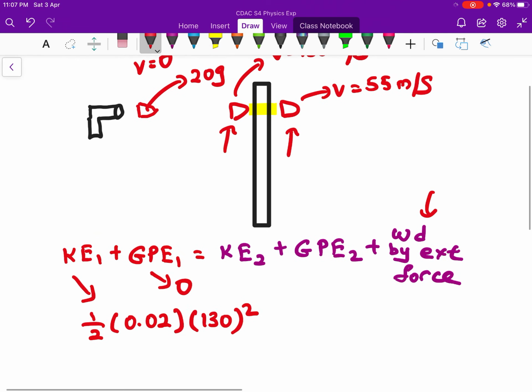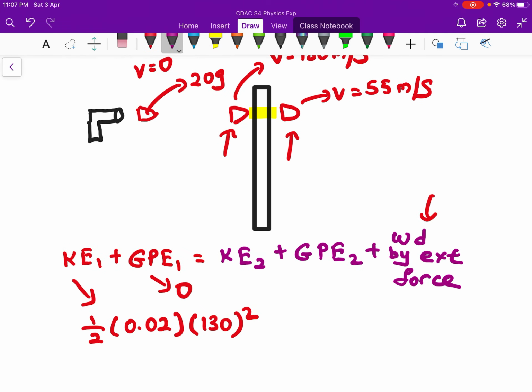Now after hitting the plastic wall, my KE2 is equal to half times 0.02 times 55 square. This is the aftermath kinetic energy. Remember, when we are doing energy, there's no such thing as losing energy.